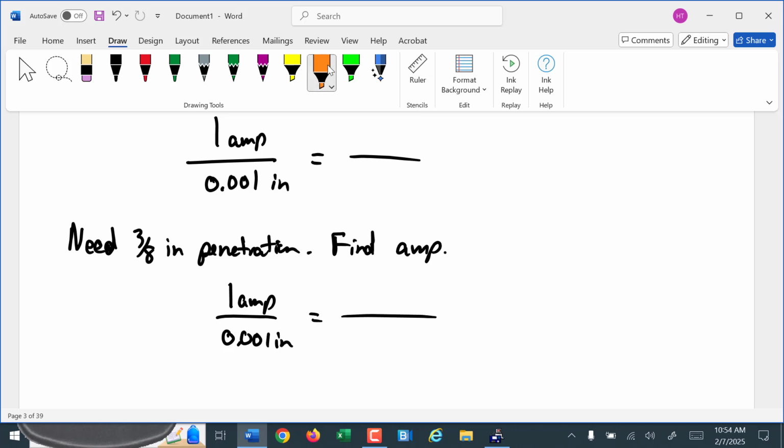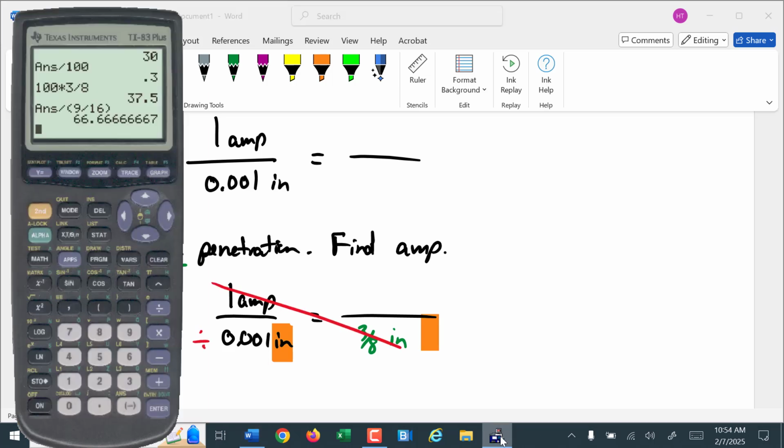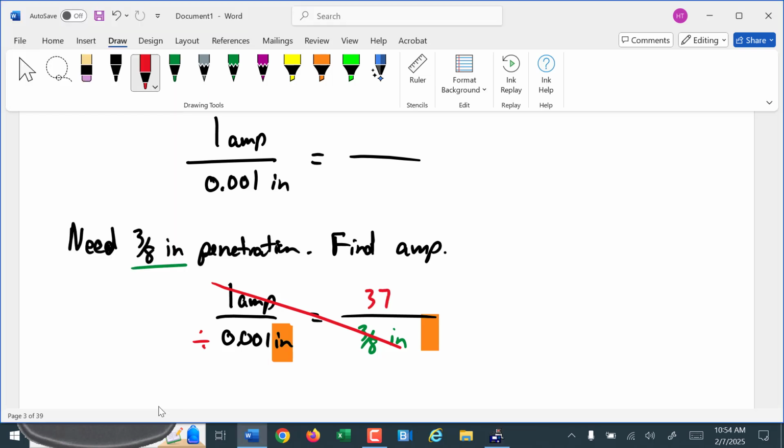And just like we said before, the units have to stay the same on bottom. So it's inches on bottom. My other inches, my 3/8 of an inch, also has to go on bottom. And then 1 times 3/8 divided by 0.001. So 1 times 3 divided by 8, then divided by 0.001 gives us 375 amps.